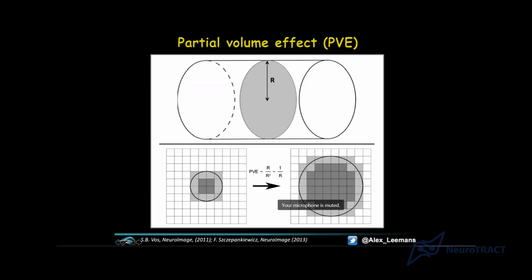In those light gray voxels, we can imagine that we have a lower FA value because there's also CSF in there, and CSF has low FA values. So if you have a mixture of CSF and white matter in those voxels, you would assume that the FA is lower compared to the middle part. And this middle part in dark gray, let's assume we've got pure white matter there, so the FA value is high.